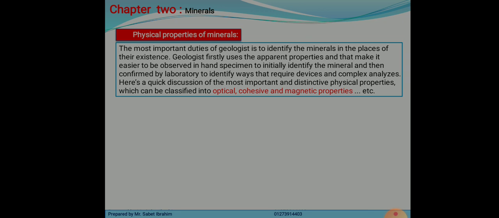Here is a quick discussion of the most important and distinctive physical properties that can be classified into optical, cohesive, and magnetic properties.